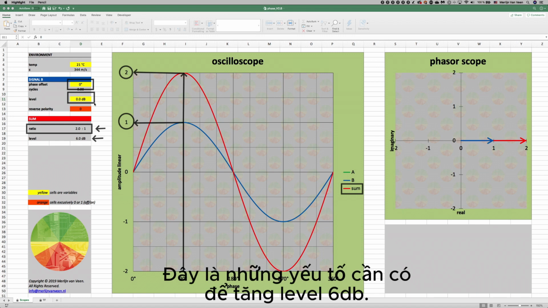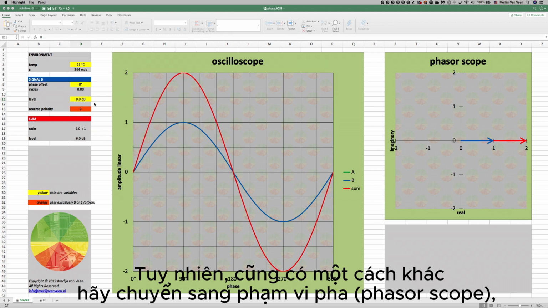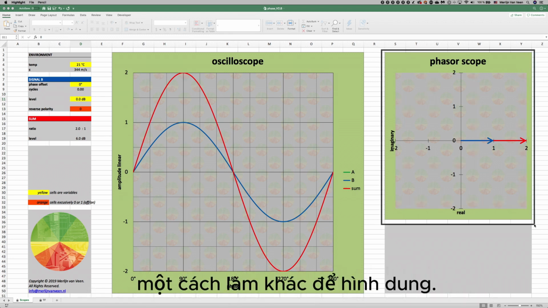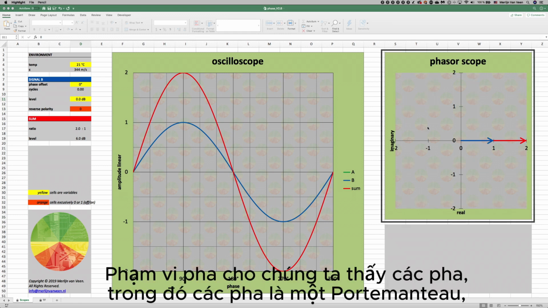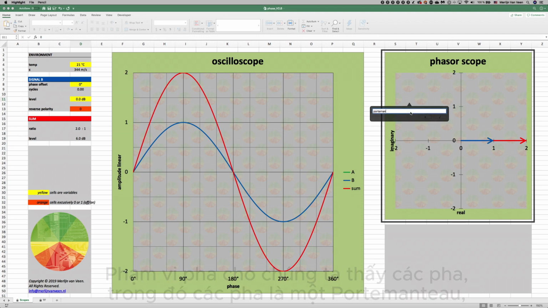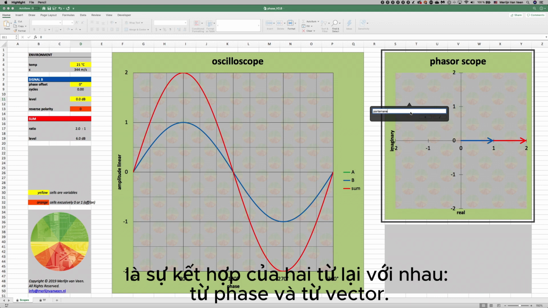However, there's also another way of looking at this kind of interaction, and for that I would like to go to the phasor scope, which is another way of visualizing the same phenomenon. The phasor scope shows us phasors, where phasor is a portmanteau, the addition of two words together: phase and vector.